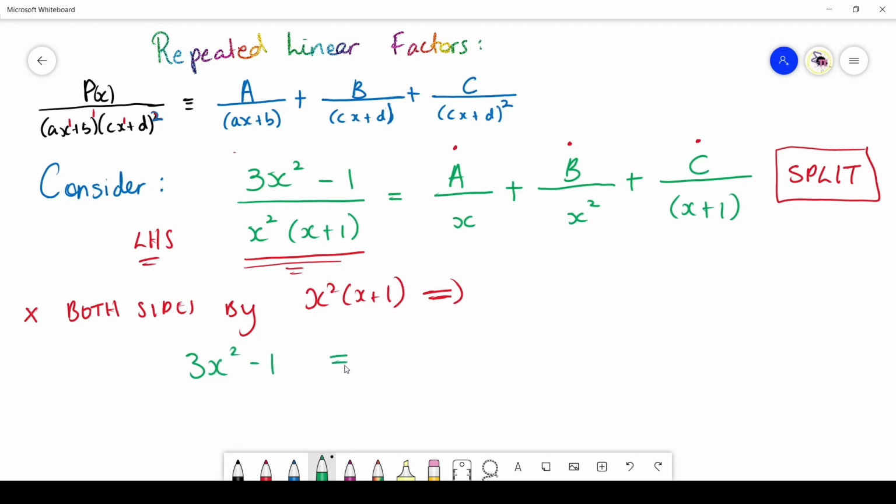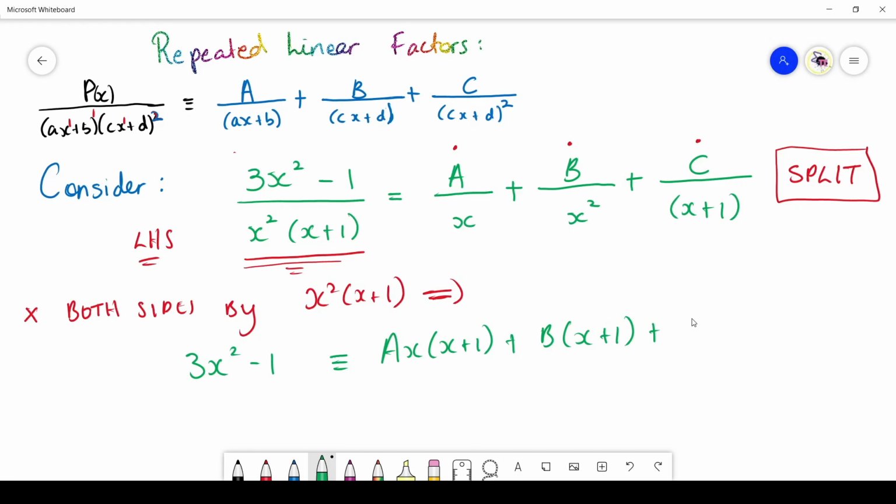And on the right, if you can actually eyeball it, your denominator is x. So that's going to cancel out with one of those x's present there. So you're going to get ax by x plus 1. Also, that x squared is going to cancel with x squared there. So you're going to get b by x plus 1.